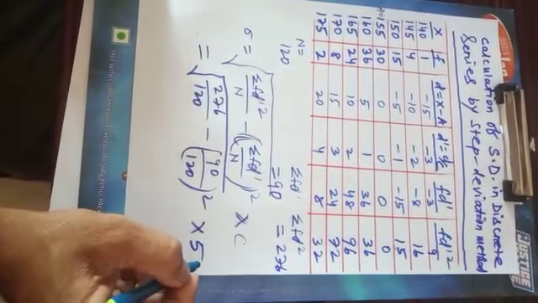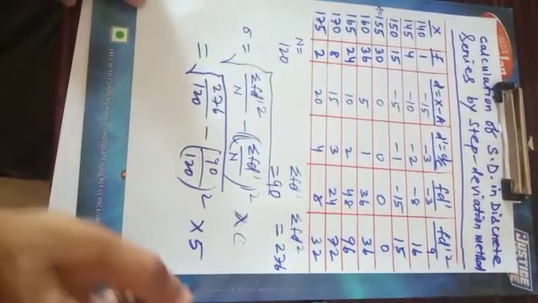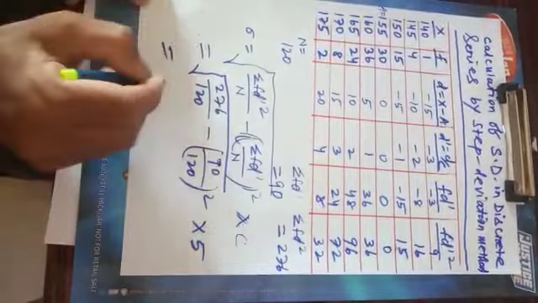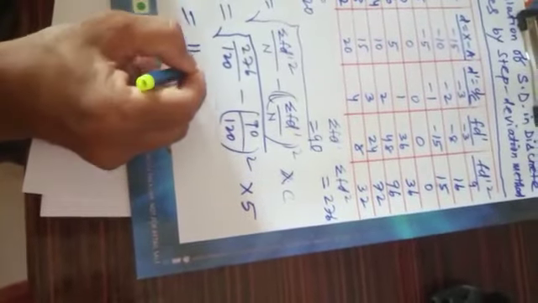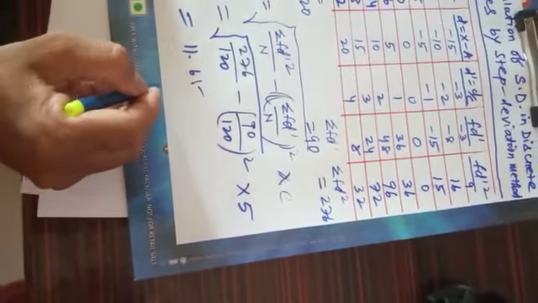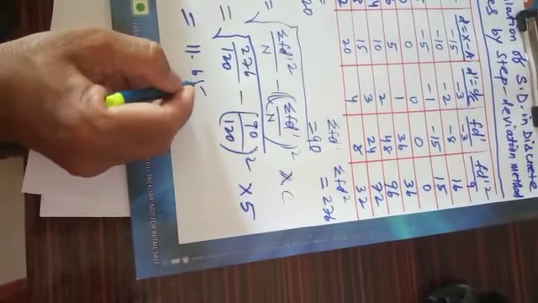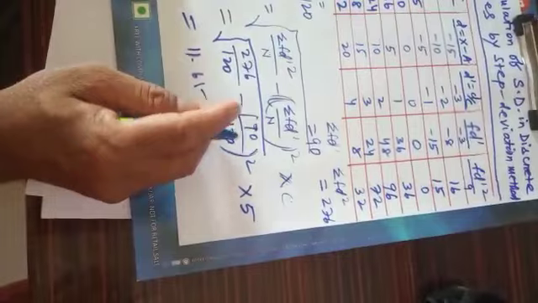So when we complete it, the result will be 11.65. This is the calculation of standard deviation in discrete series.